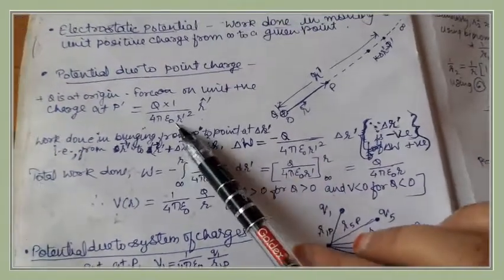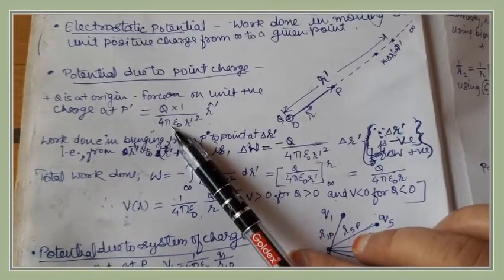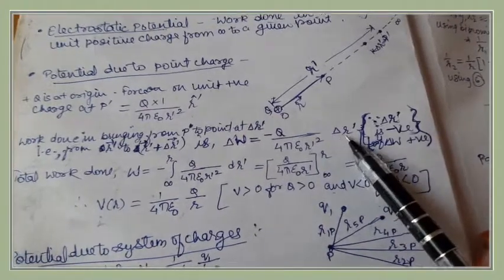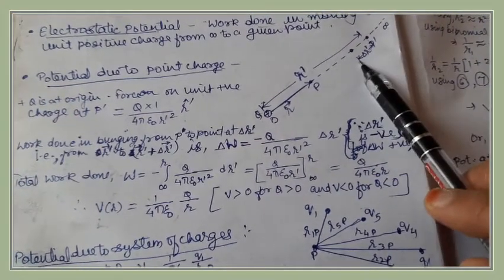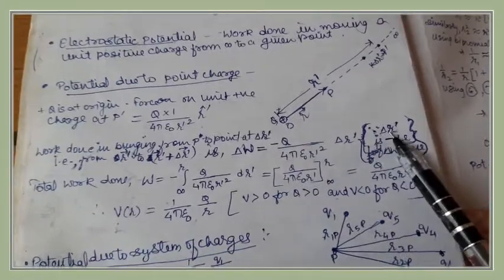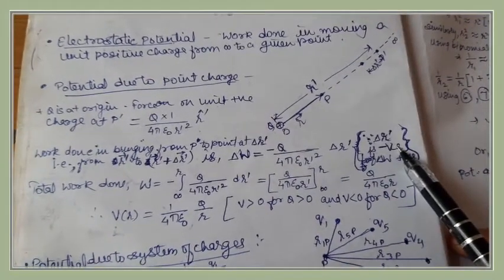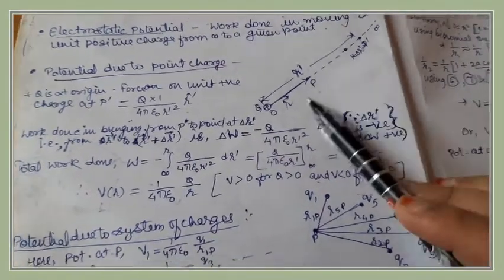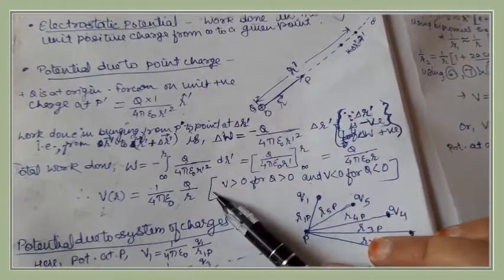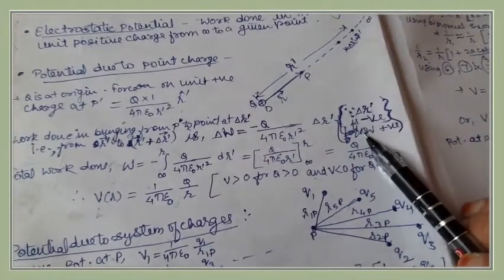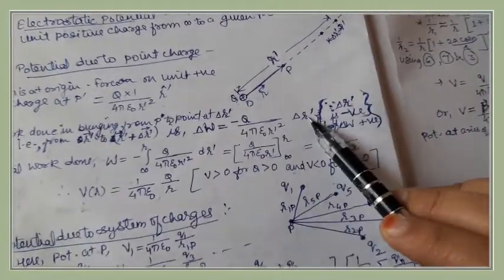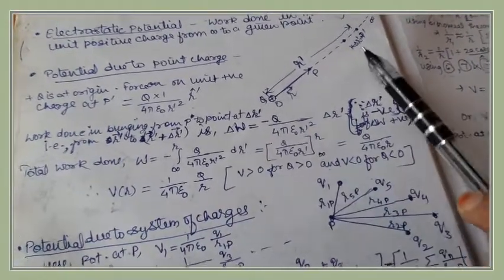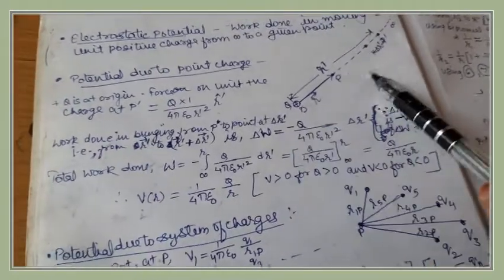The force acting is already determined, q upon 4 pi epsilon naught r dash square, into displacement. Displacement in this case is delta r dash, and there is a minus sign because the displacement is negative while the work done is positive. Negative displacement because you are moving it along the negative x direction. So we put the negative sign here because of negative displacement. This is the work done for only a small displacement delta r dash.